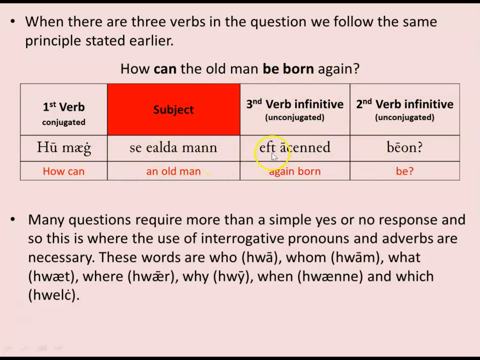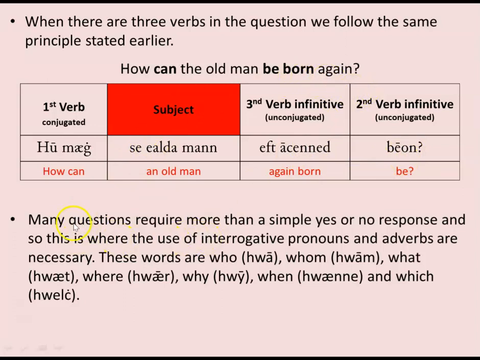Efter again, kenned born, beon, be, to be, and who, how, may, can. So taking the first person present tense verb there, how may the old man again born be? And that says, how can the old man be born again?